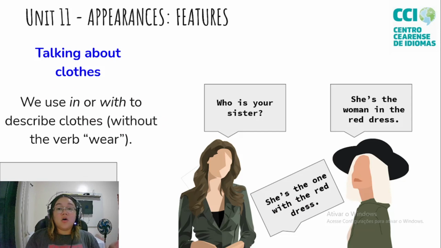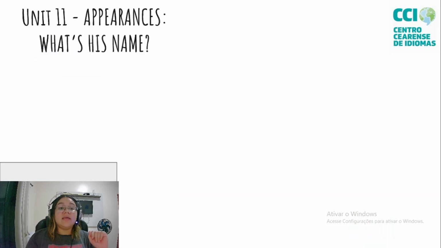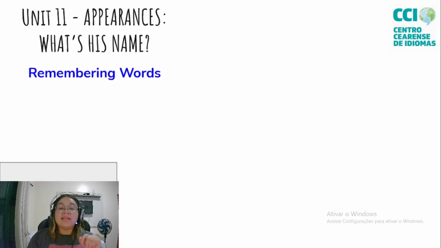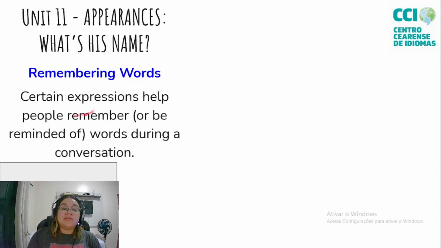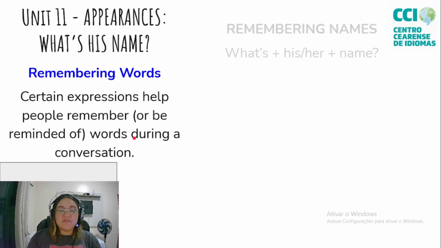Now that's all for appearances, and then we move on to talk about what's his name. Now, how do we remember words? We don't always remember the words. Sometimes we forget them. So how do we ask for help when we forget words? Certain expressions help people remember or be reminded of words during a conversation.